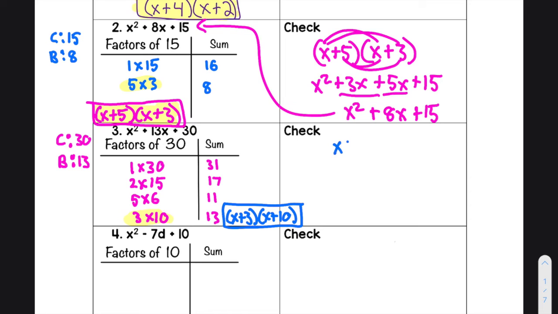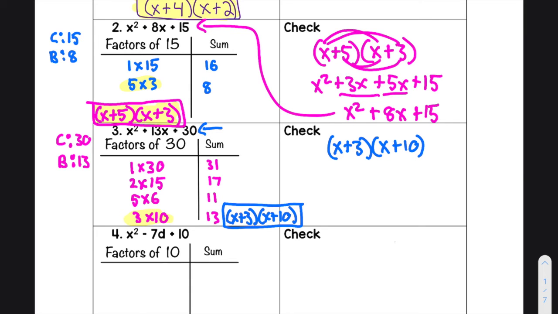Over on the right, let's check to see if this is correct. Factors are expressions being multiplied together in order to get a product. We want the product, or the answer to this multiplication problem, to be the original trinomial.